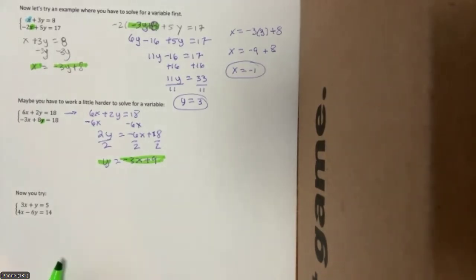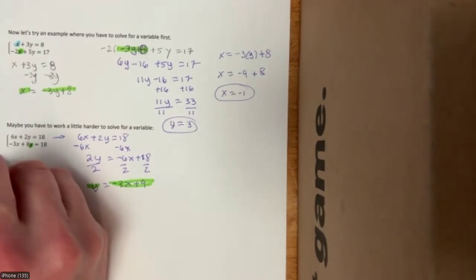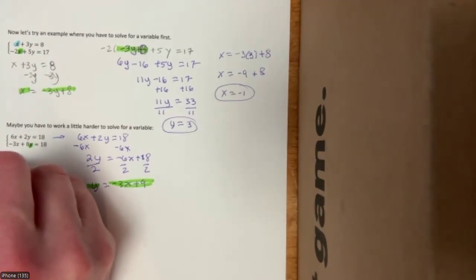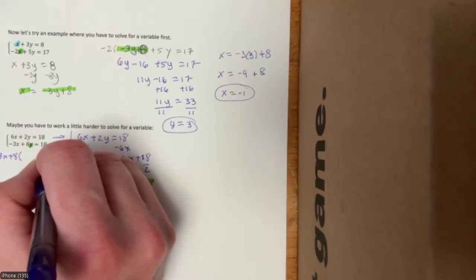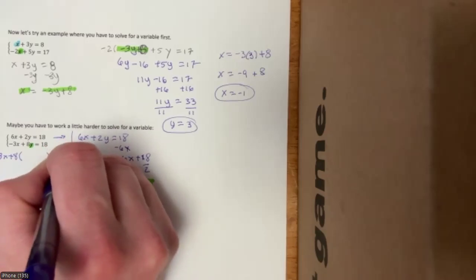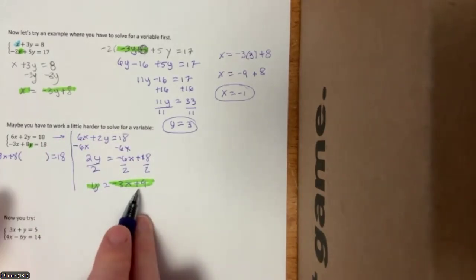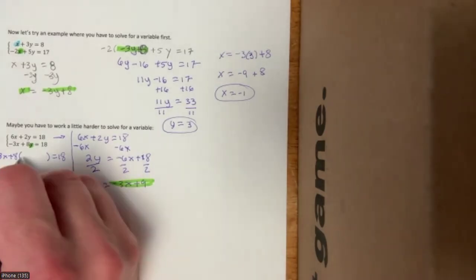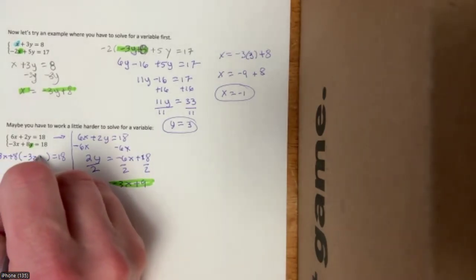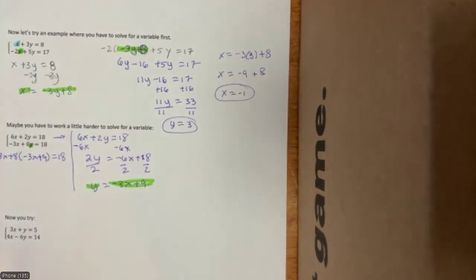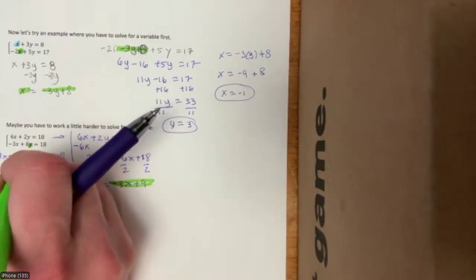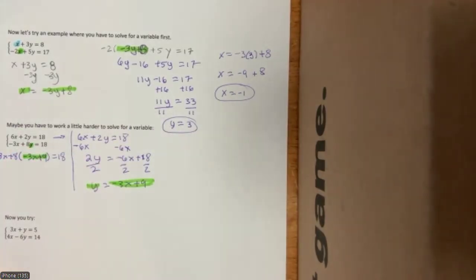I have negative 3x plus 8, and in place of y, I'm going to put a set of parentheses, equals 18. And in the parentheses, I'm going to write the thing that y is the same as, which is negative 3x plus 9. That's where I substituted.